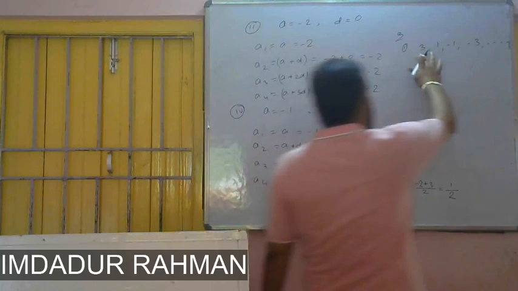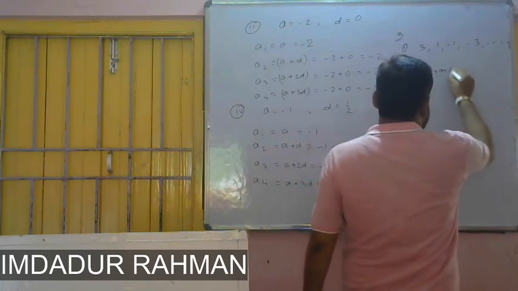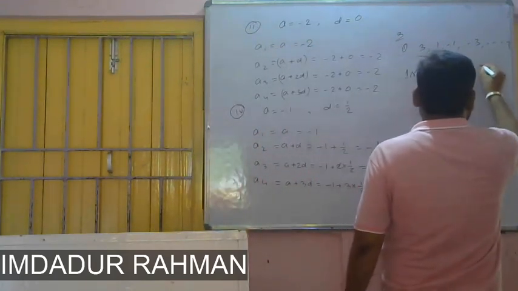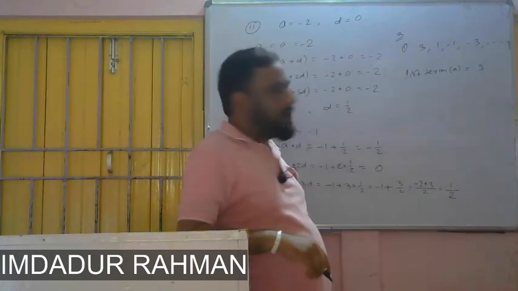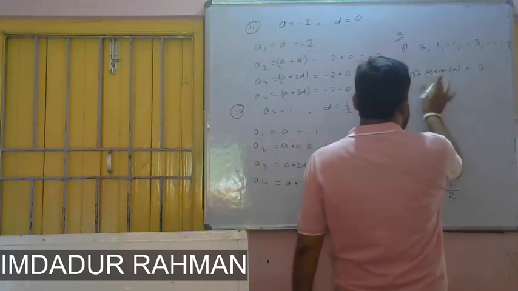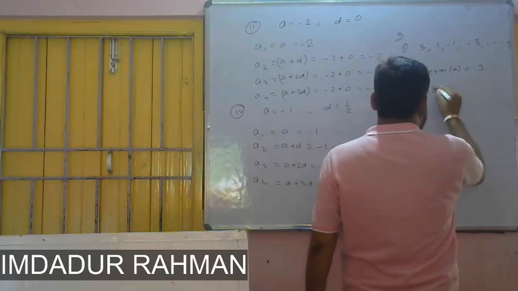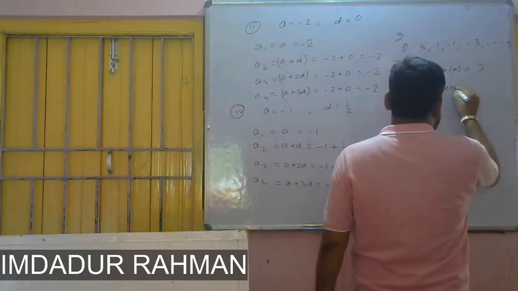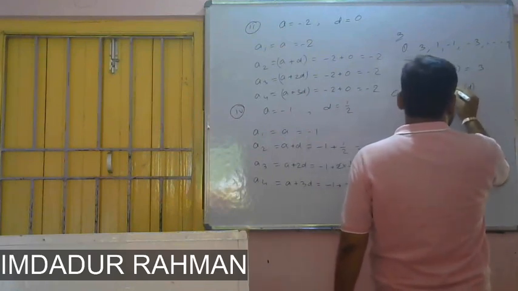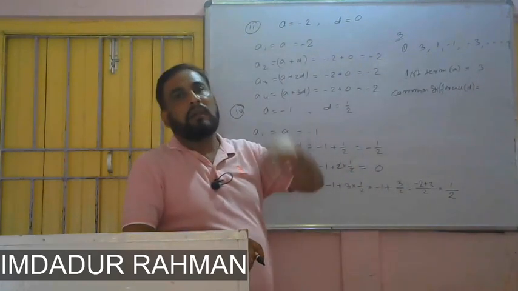First term is clearly written. So here the first term, denoted by A, is 3 as it is given, and the common difference CD is second term minus first term.